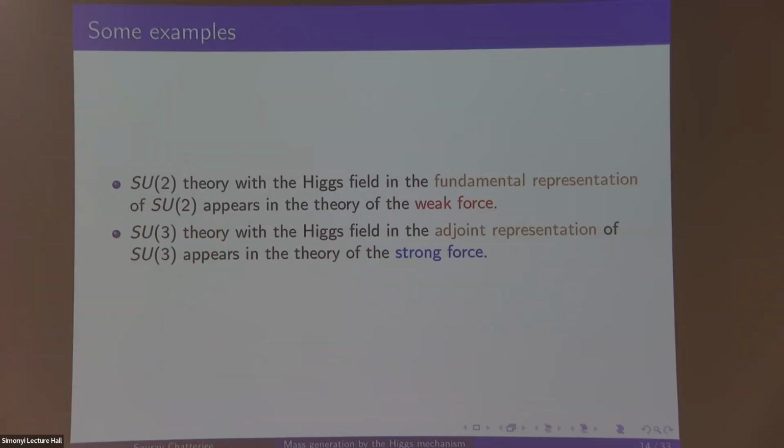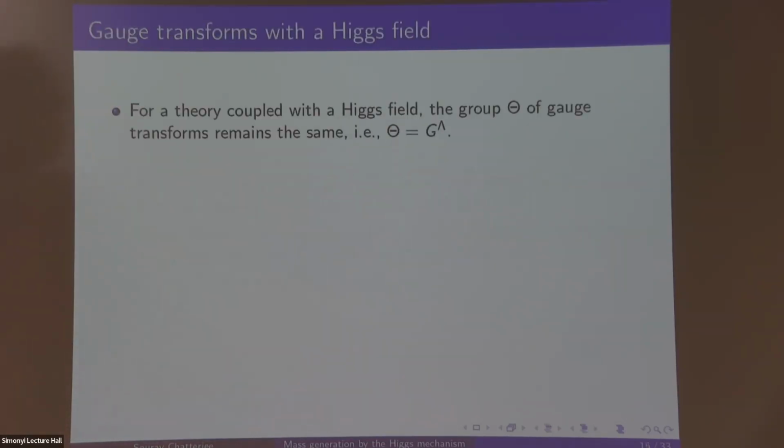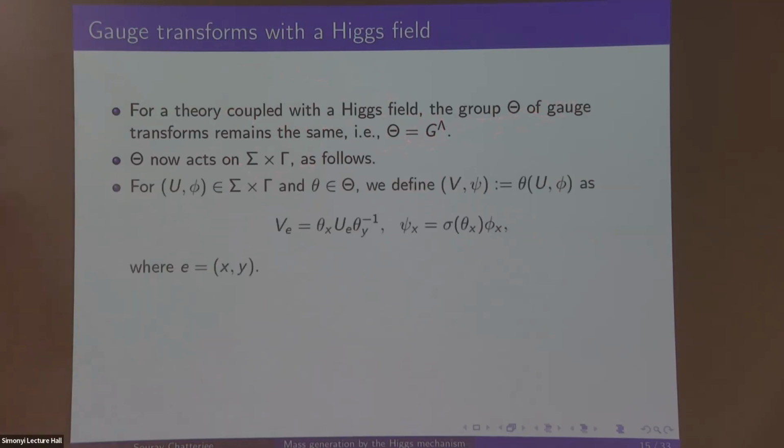I'll talk about that. How do you define gauge transforms with the Higgs field? For a theory coupled to the Higgs field, the group of gauge transforms remains the same: one group element at each vertex, but its action is now different. It acts on this product space, sigma cross gamma, as follows. You take a gauge field U and a Higgs field phi, and define the action of theta on this pair.